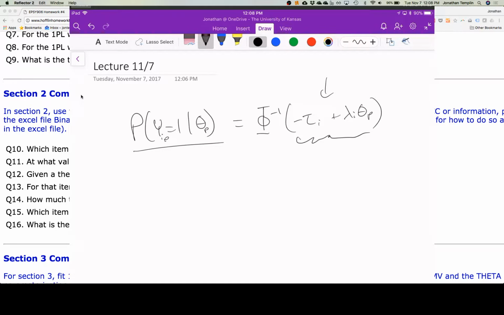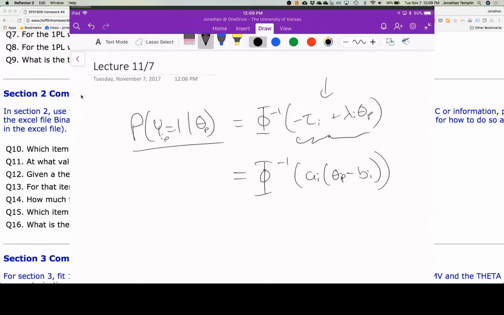This is also equivalent to the IRT formalization: a for the item times theta for the person minus b for the item. Are we cool? So there is how you can figure it out.